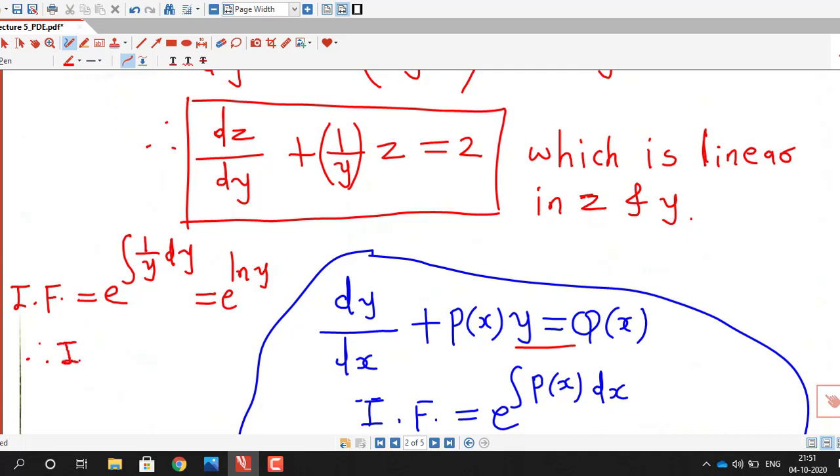Because exponential and logarithmic functions are inverses of each other, this is nothing but y.